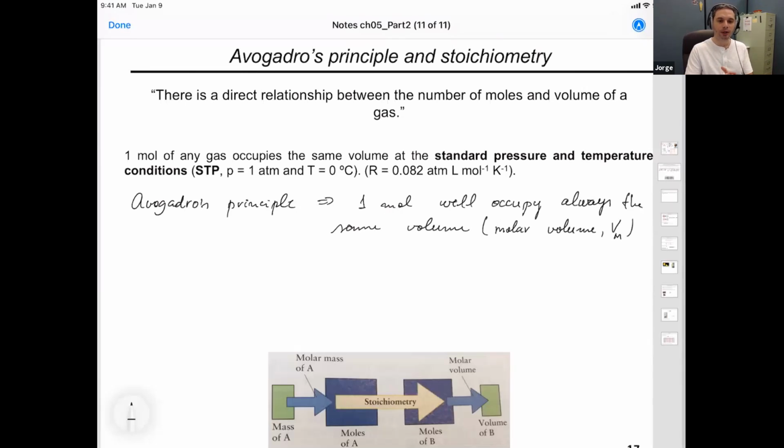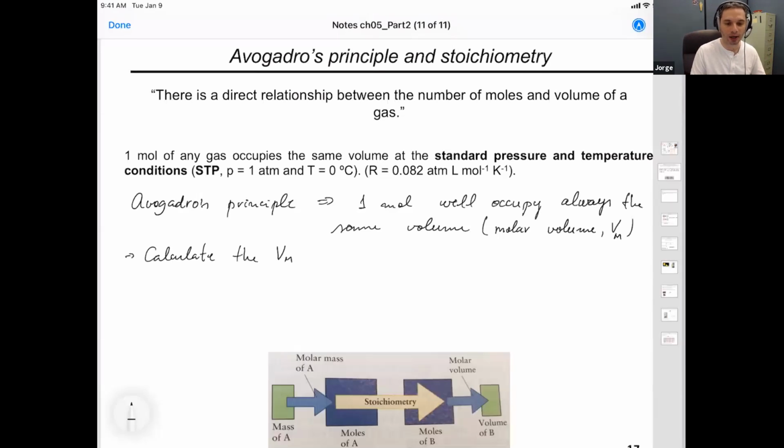Under the standard pressure and temperature conditions, we know the pressure and the temperature. We know the amount of gas and we know the universal gas constant. So now what I'm going to do is calculate the molar volume.